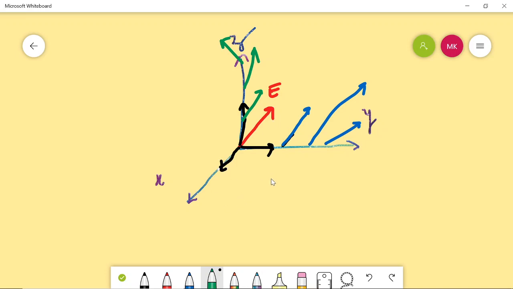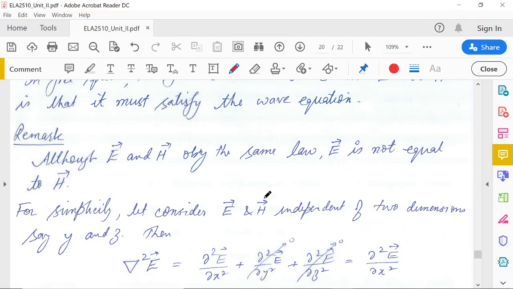What do we mean by that? There are two concepts. One is that E has different components in the x, y, z directions. Secondly, if you move along space in any direction, what is the effect on the magnitude and direction? So for simplicity, let's consider E and H independent of two dimensions, say Y and Z.